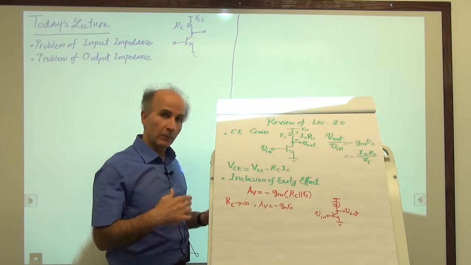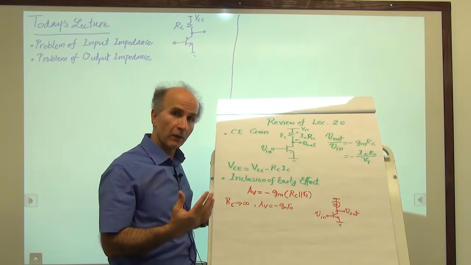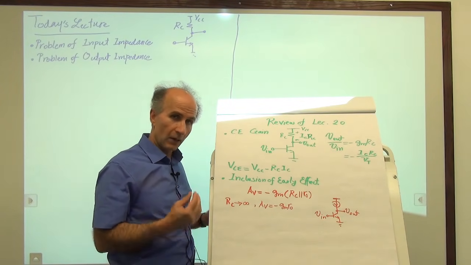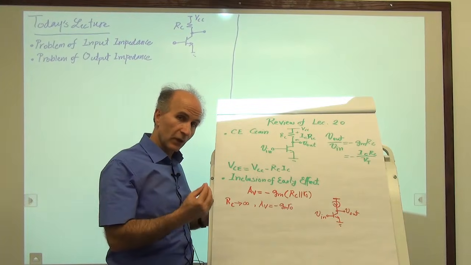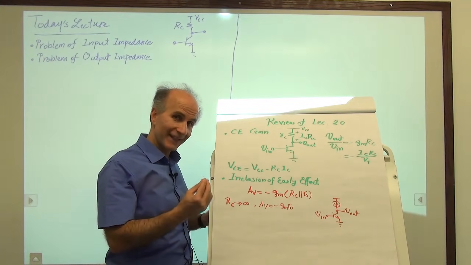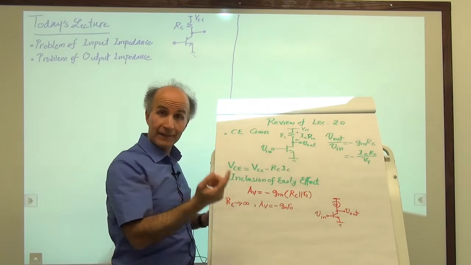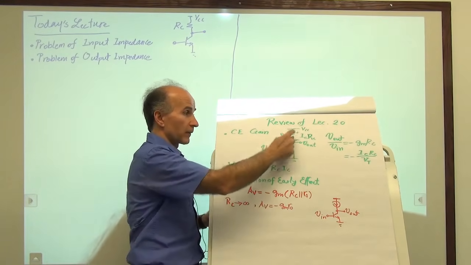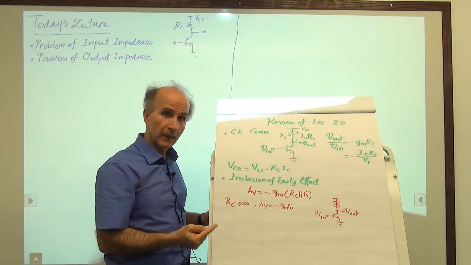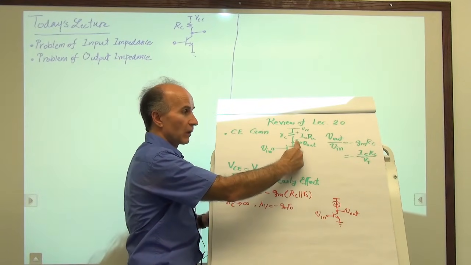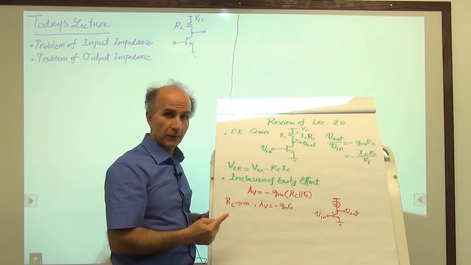Now, we considered the early effect to see how that alters these results. And we saw that because the voltage gain of a simple common emitter stage is given by minus GM times the total resistance tied between the collector and AC ground. This is AC ground, so this happens to be RC. In the case of early effect, we also have RO between collector and emitter.